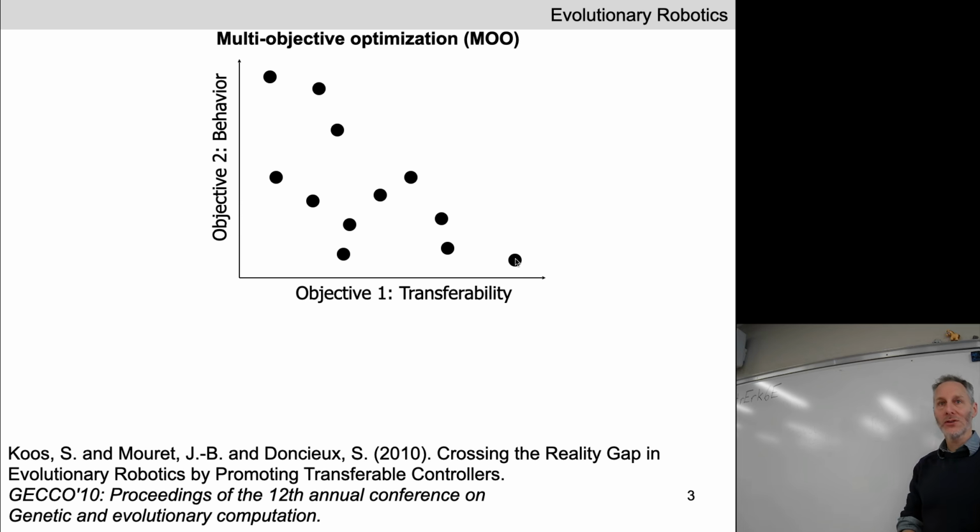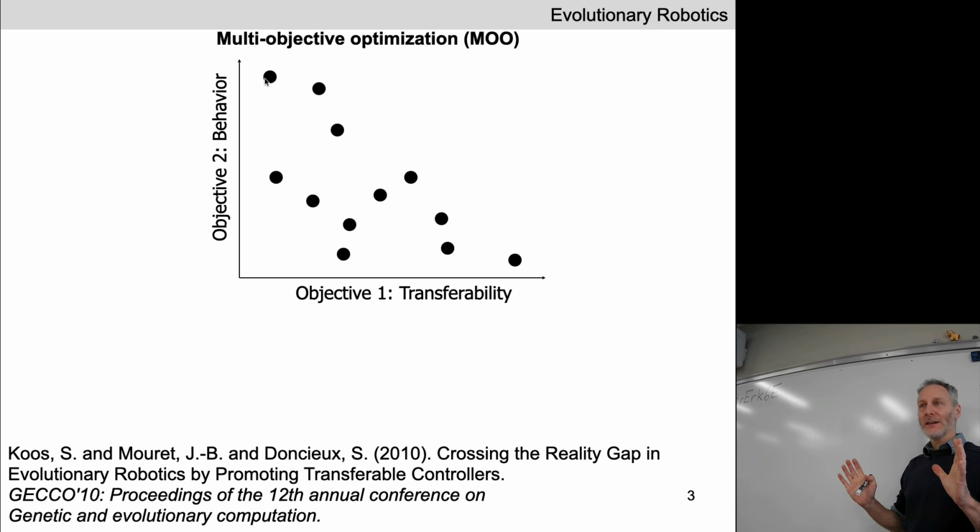So what do we do with extrema? Here's the other one. This one transferred terribly, but it really got the simulated robot moving. Keep, toss. Maybe keep. I don't know. Maybe it's got one of the two things down pat, right? So MOO is a little bit of a pack rat. We're going to keep the extrema.